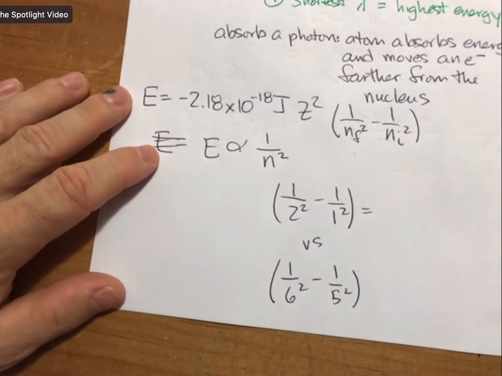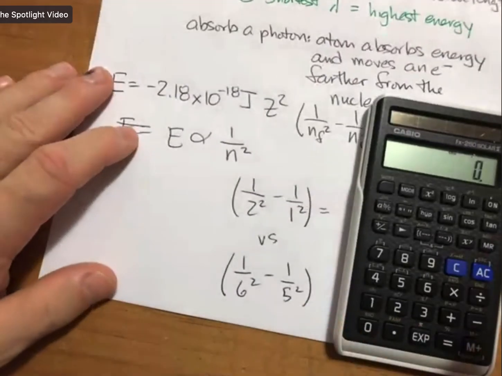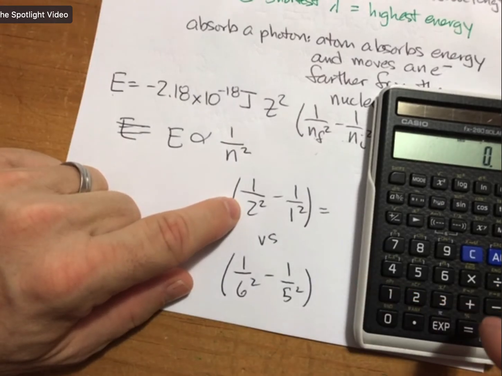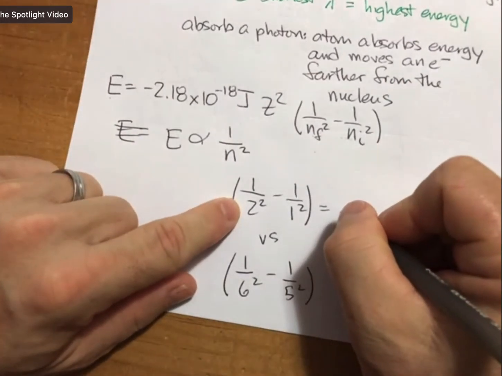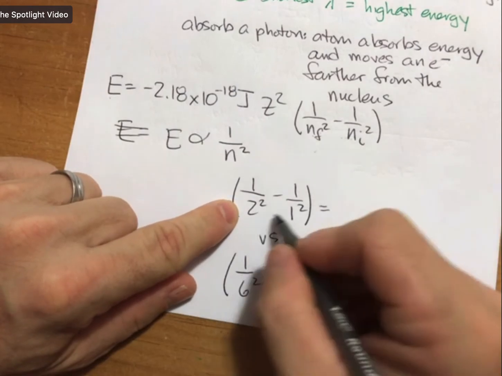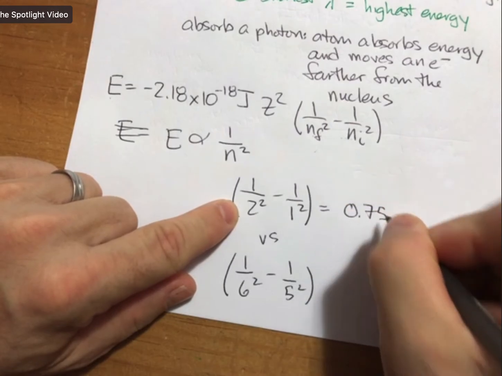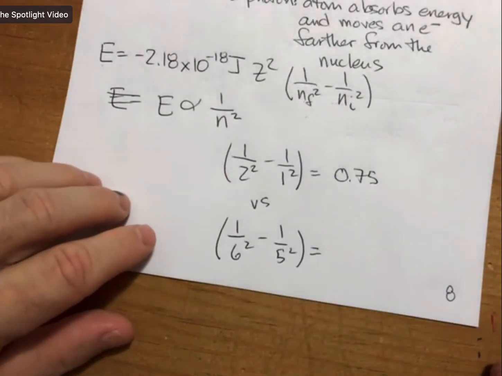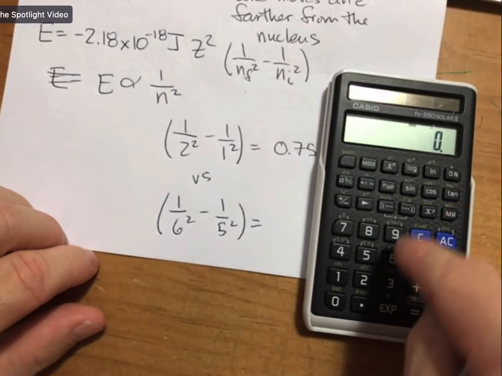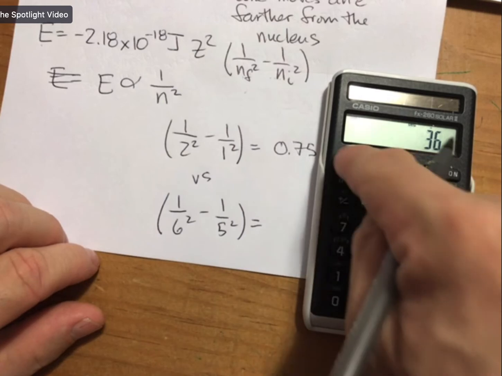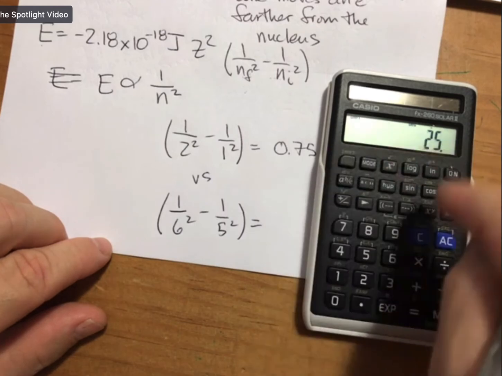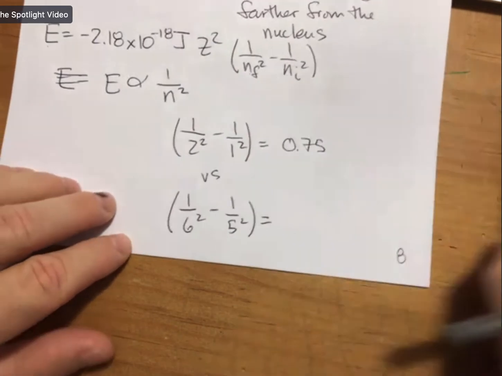If I calculate this, we just did this on a previous problem. Yes, 1/4 minus 1. This is 0.75. This, I'm going to have to do some higher math here on my calculator. 1 over 36 minus 1 over 25. I get 0.04.